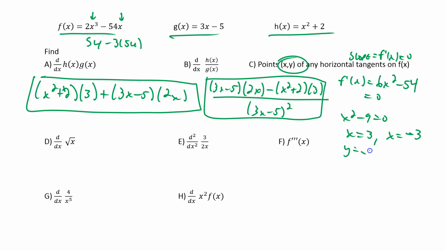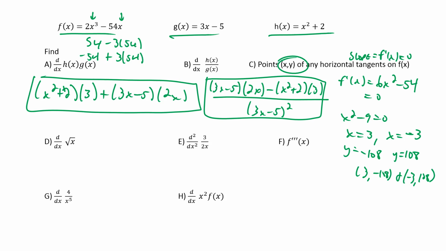So it's negative 108. When x is negative 3, we have negative 27 times 2, which is negative 54, and then we're going to add to that 3 times 54, so that's positive 108. So 3, negative 108, and negative 3, positive 108. That's where we're going to have our two horizontal tangents.